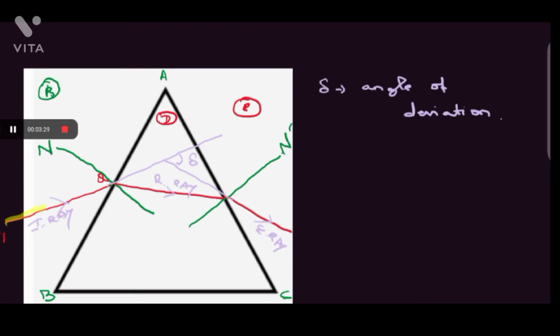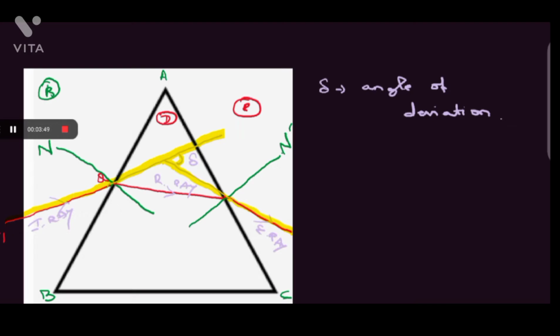The incident ray would have gone straight like this, but due to the refraction from rarer to denser medium, it gets refracted and then again emerges totally out of it. So if you extend the emergent ray and the incident ray, it will give you the angle of deviation.